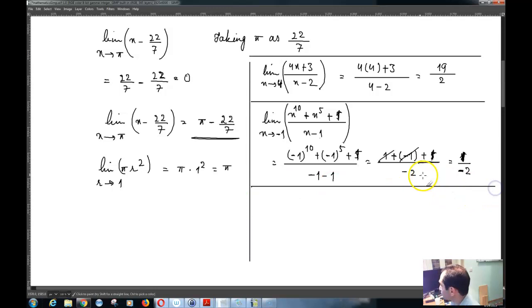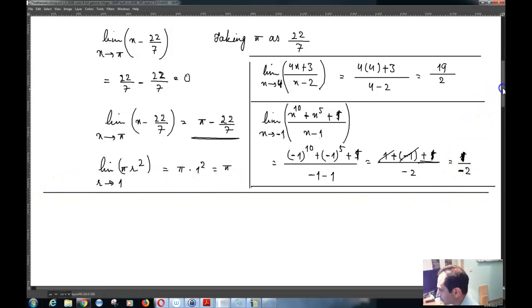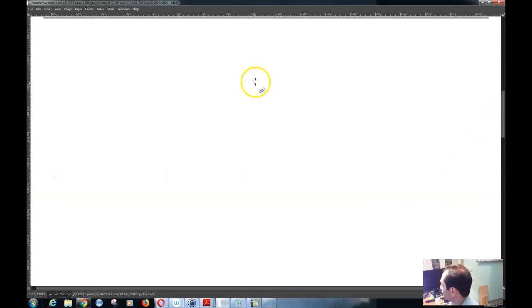Okay, so the next one is, for example, you want to calculate the limit of x plus 1 all raised to the power 5 minus 1 over x when x tends to 0.